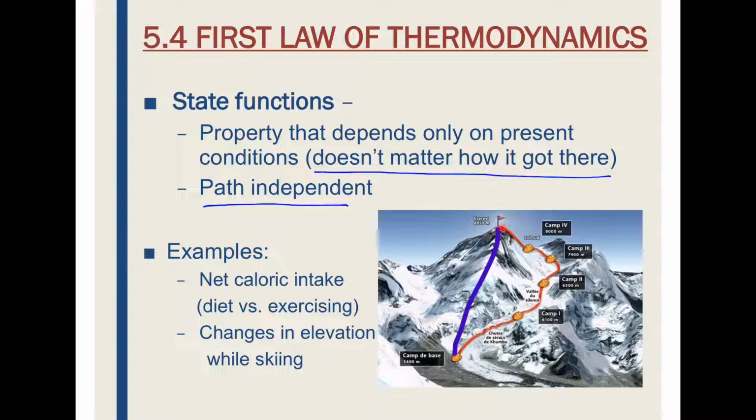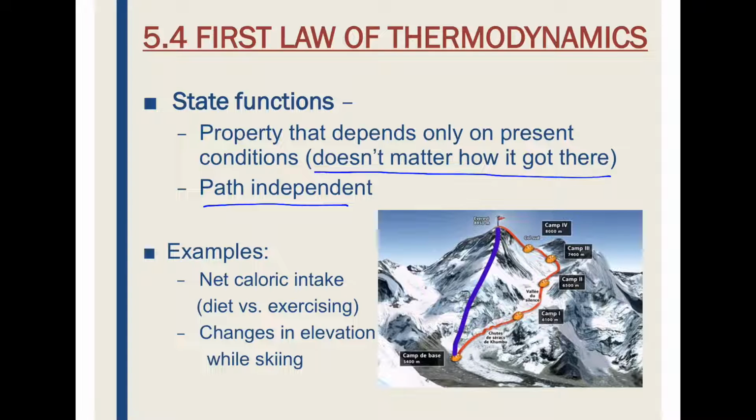So, first off, if we look at our image right here, you can see this is Mount Everest. One option would be to take the helicopter from base camp all the way up to the summit. So that distance we see there in blue. Option 2 would be to actually hike Mount Everest. You can see that here with all the different camps along the way to ultimately get to the summit.